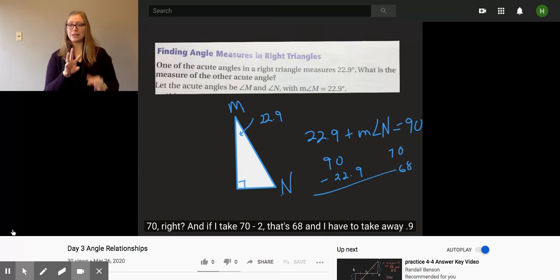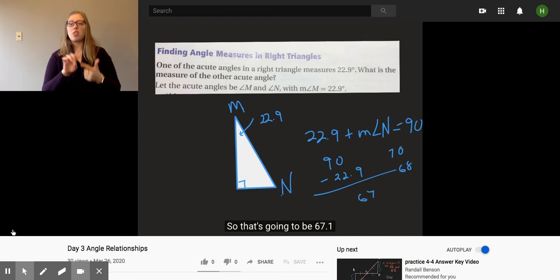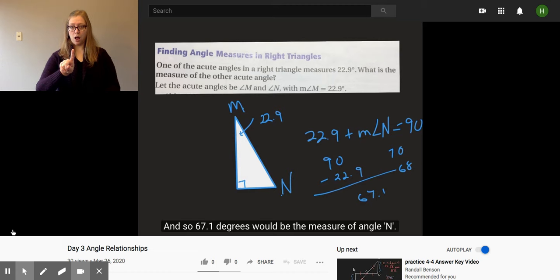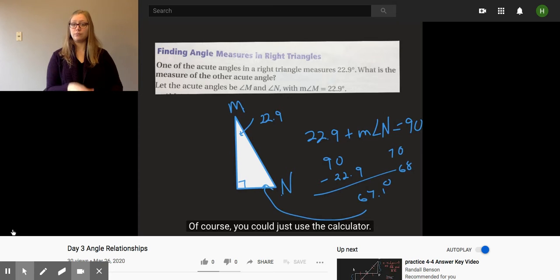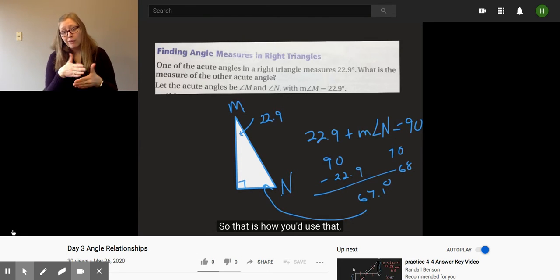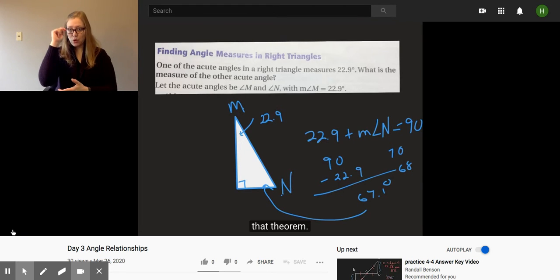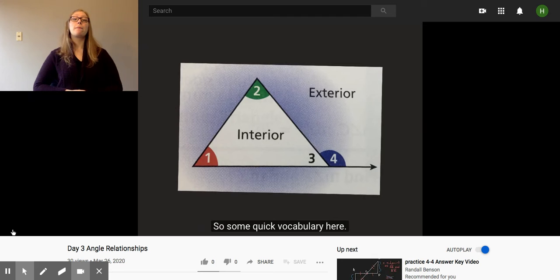And I have to take away 0.9, so that's going to be 67.1. So 67.1 degrees would be the measure of angle N. Of course, you could just use a calculator. But that is how you'd use that theorem.